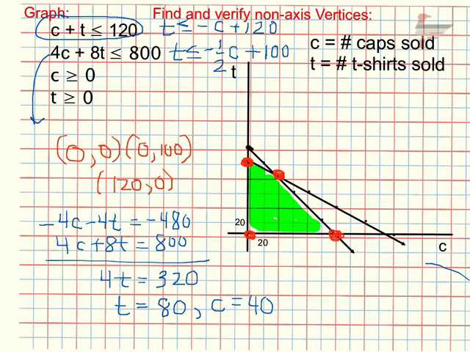So I could already see that this point is at 40, 80 right there, but I just verified it. So my last vertex is at 40, 80.